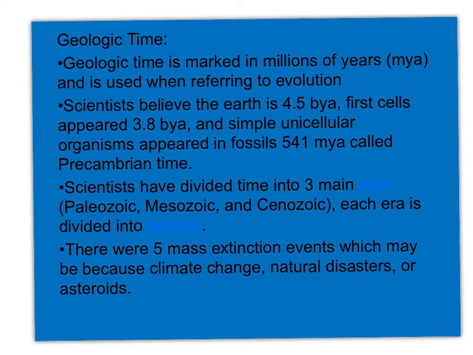But there's different theories about climate change. Could have, ice age or global warming, natural disasters, and asteroids. So those are some theories on what could cause these mass extinctions. Natural disasters, think like volcanoes and things like that.